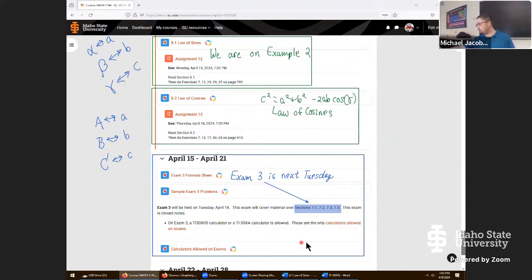So that's a little bit weird, but the calculator will be allowed even though there's no direct question that requires it. As a reminder, the calculators allowed for this course by the math department are the TI-30X2S and the TI-30XA, and we'll be practicing with those in sections 8.1 and 8.2 as we go through the notes.